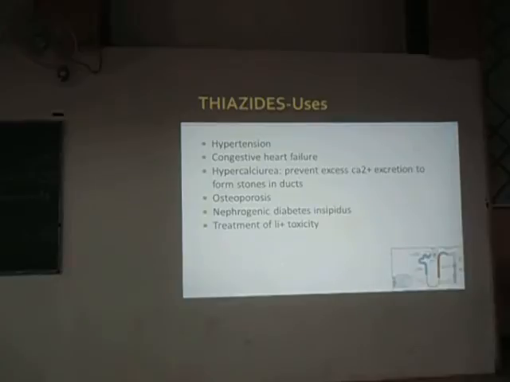That drug will be thiazide, because in diabetes insipidus there will naturally be more urine formation, but thiazide diuretics can decrease the urine formation.